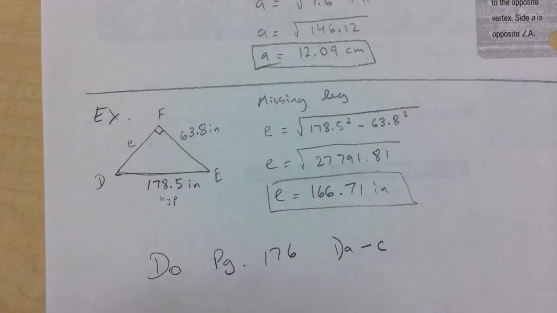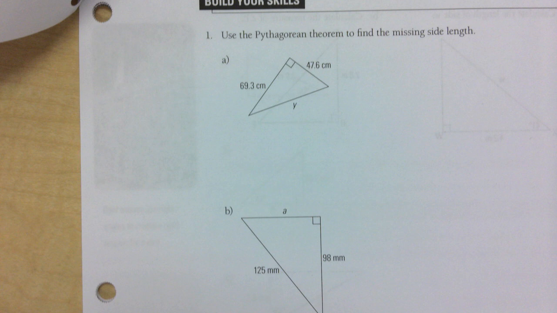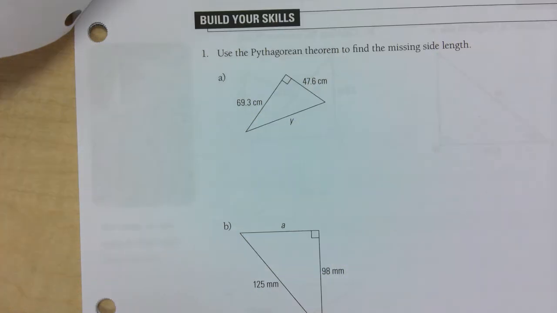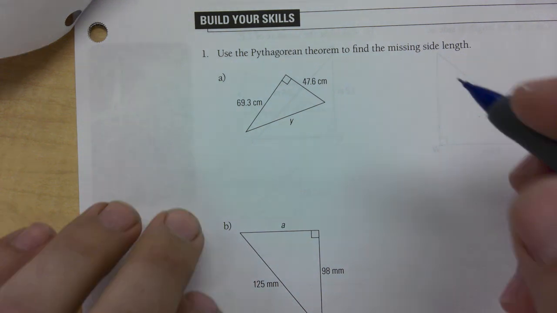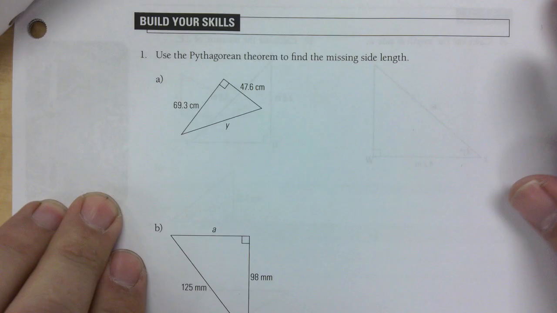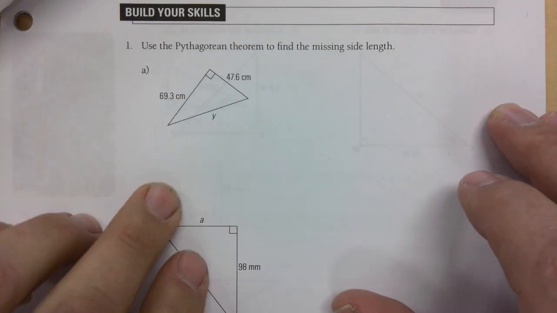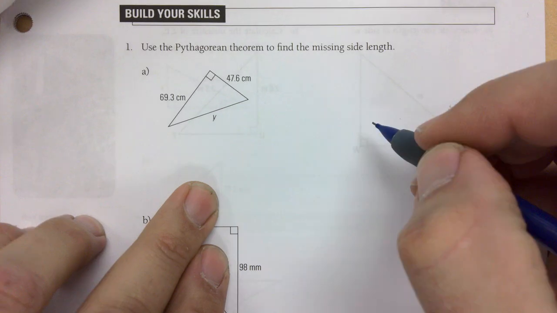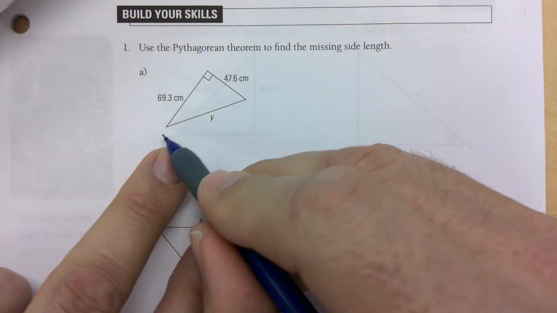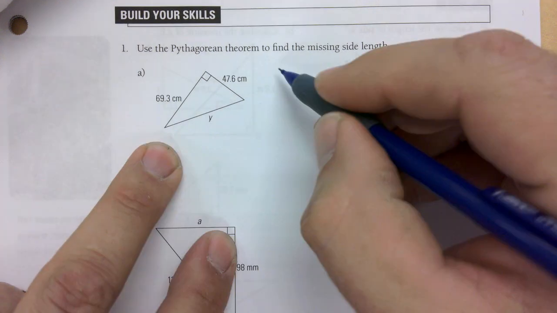So let's go to 176 and correct it quickly. So again, these booklets are a backbone. So I always add stuff and we jump sometimes. Okay, so here we're missing the hypotenuse. So this will be an adding situation, right?